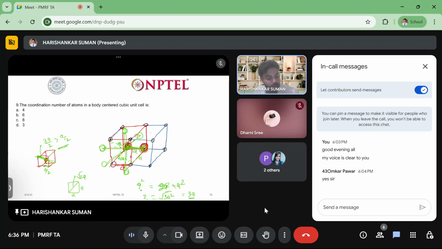So how many nearest first neighbors for the body center will be 8.